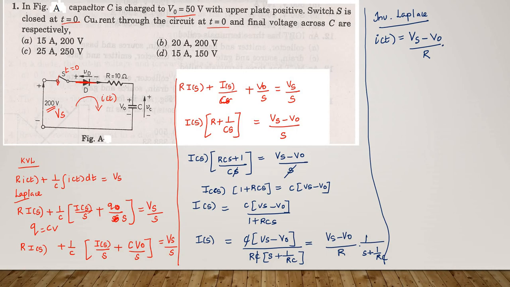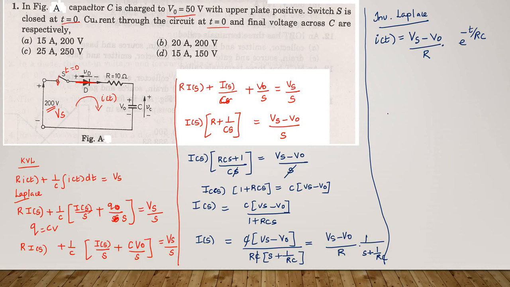What is 1 by s plus a? 1 by s plus a is e power minus at. In a similar manner, e power minus t by RC. So this is the equation of i(t).